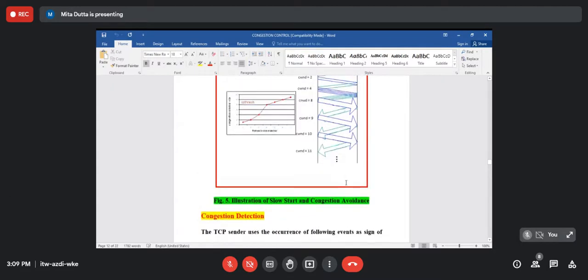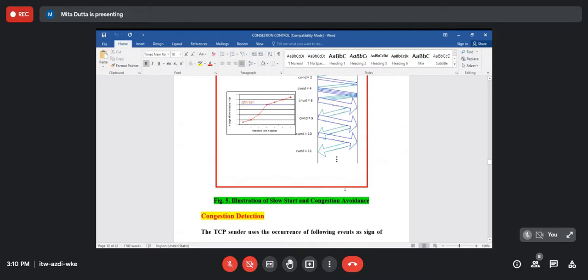Now, even in this situation, congestion may occur in the network. How do we detect that? Though we are in the slow start congestion avoidance phase, congestion may still occur.